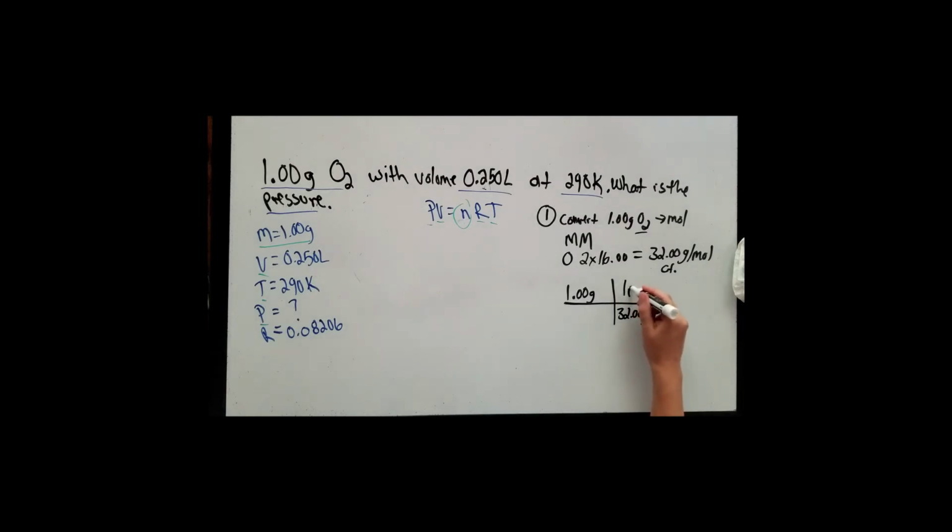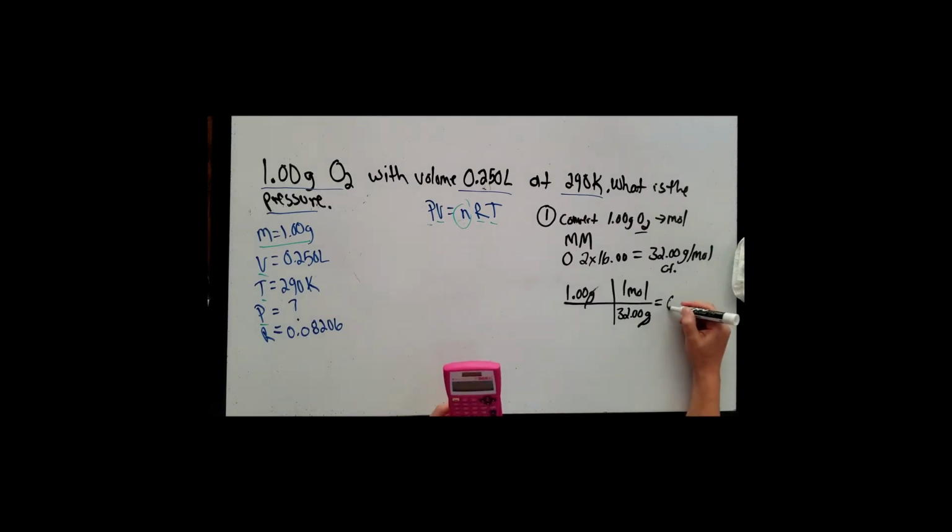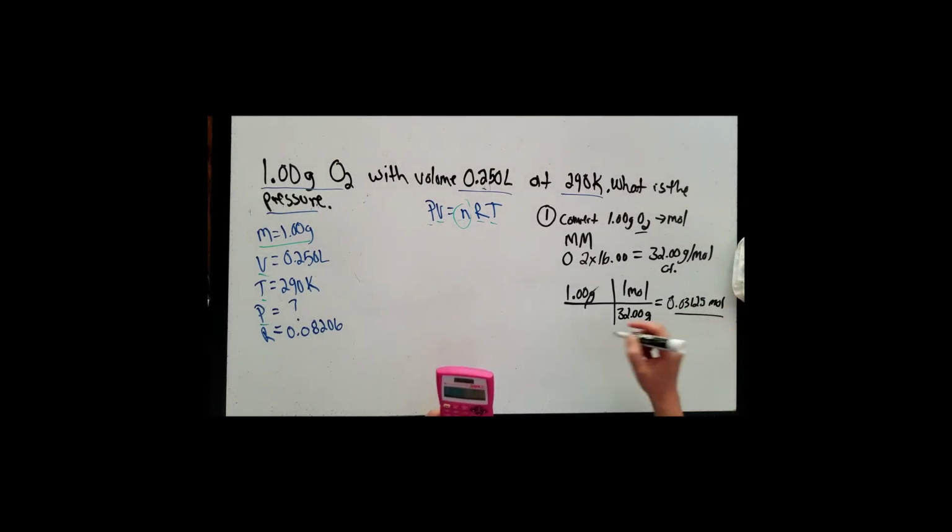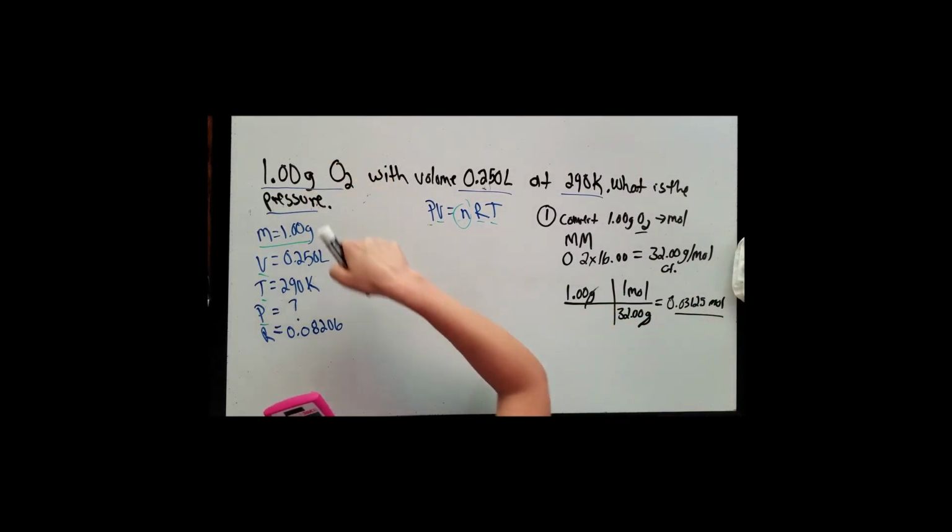It's going to put my 1 mole on the top. So 1 divided by 32 gives me 0.03125. And this is moles. So I now have moles of O2.